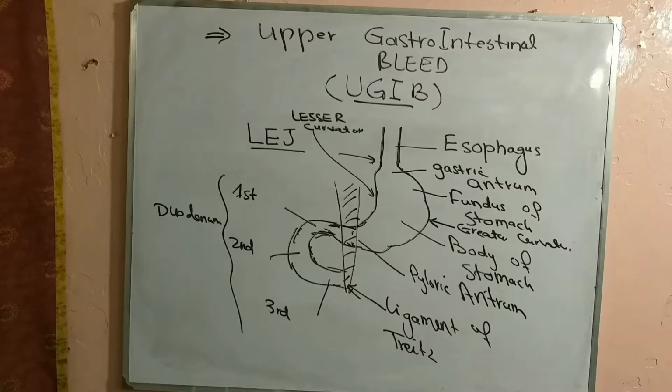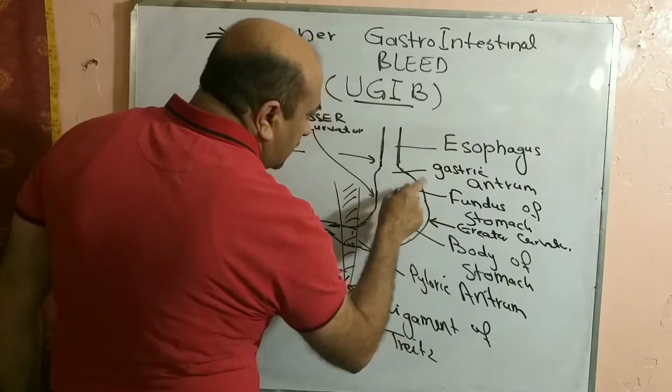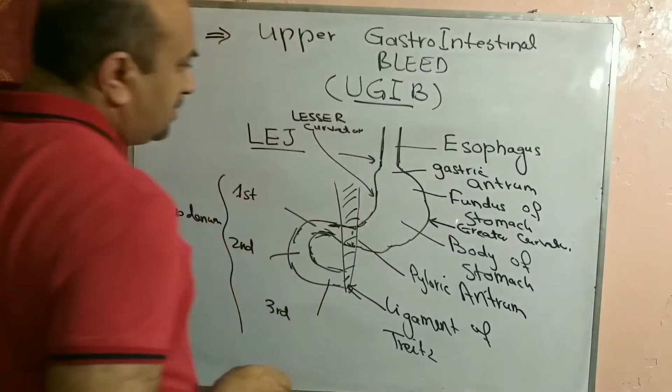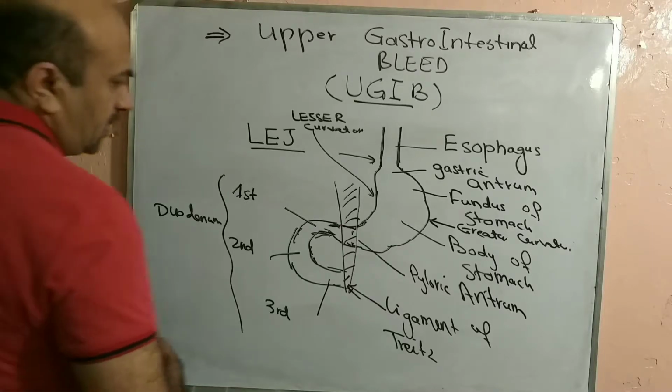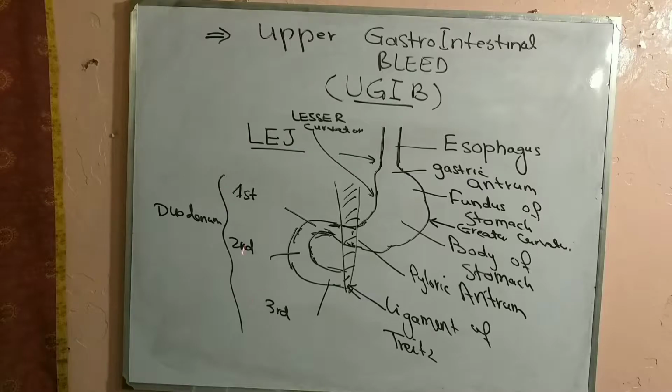Now, this is the gastric antrum. This one is the fundus. It is a sort of hollow portion upward. Then here comes the larger portion, the body of the stomach, and this is the pyloric antrum, and then we have the first part of the duodenum, second part, and third part.